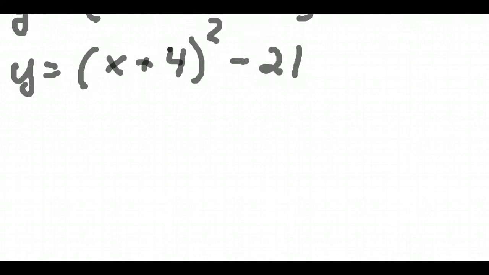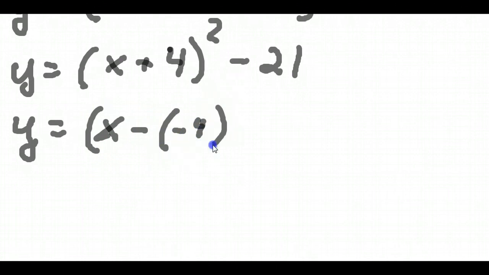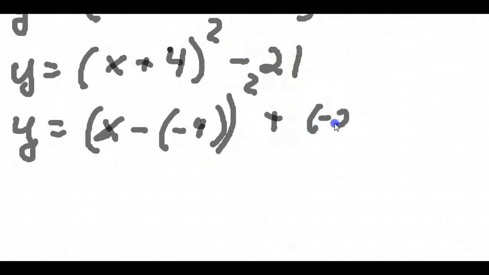So we need to make that into a minus to get our actual h value. So we would write this as y equals open x minus open paren minus 4 close paren, close the big parentheses squared, and then it's plus k, and we have a minus 21, which is the same thing as plus a negative 21.